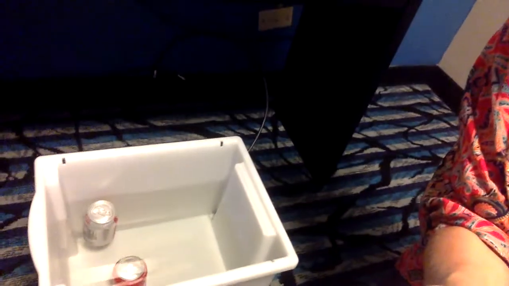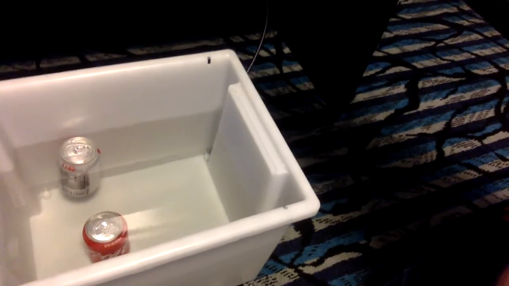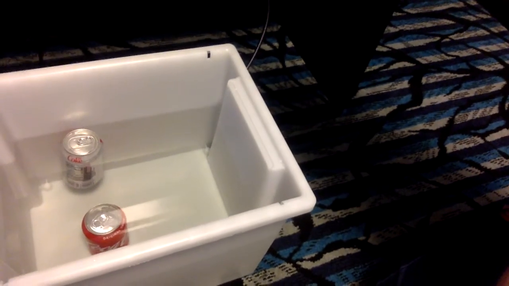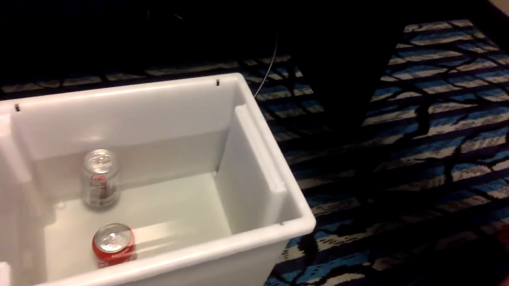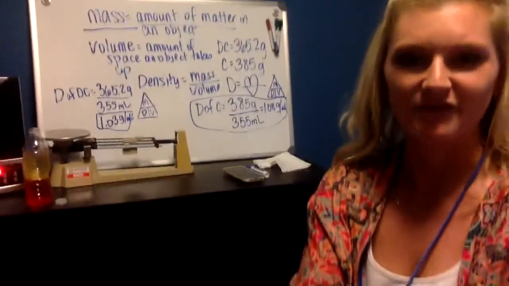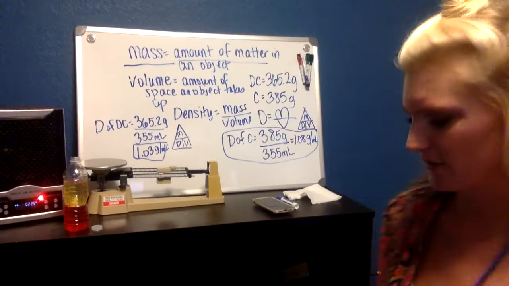Okay, so you should notice that my Diet Coke is kind of sitting on the top of the water, whereas my Coke went straight to the bottom and is resting on the bottom. So my Coke is more dense, and we figured that out from our calculations, than our Diet Coke. The reason for that, my friends, is that Diet Coke doesn't have the sugar that the Coke has.